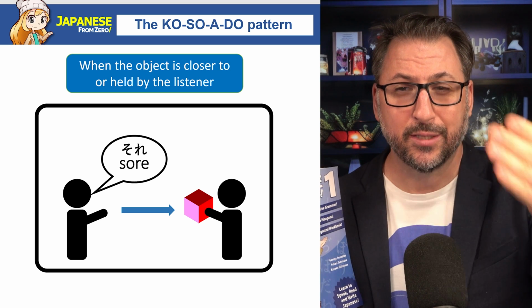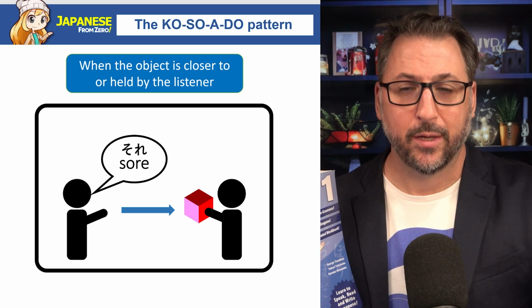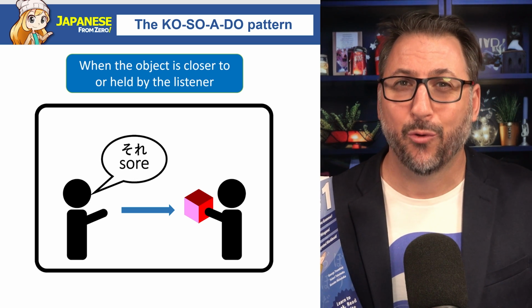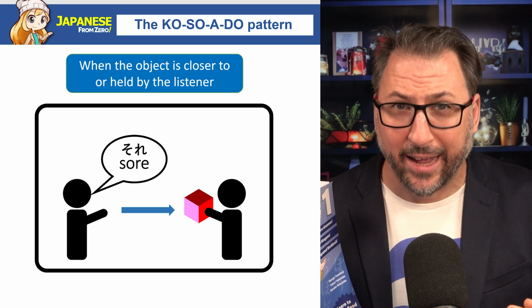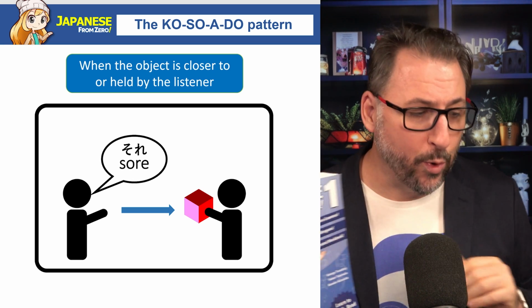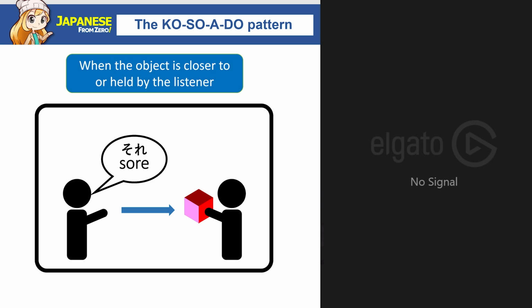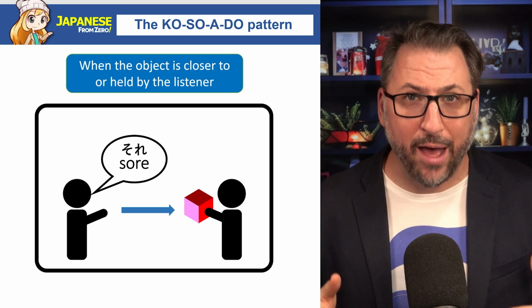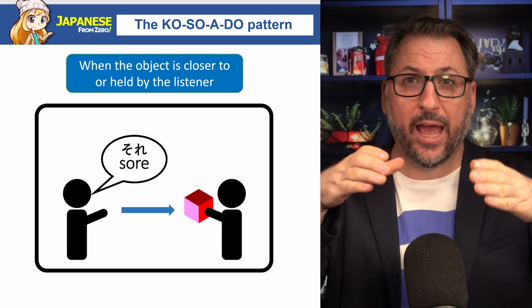Kore, sore. Now, in the previous version of the book, when we taught are, we said it's far from the speaker. We had a graphic of a man standing and 3 circles.